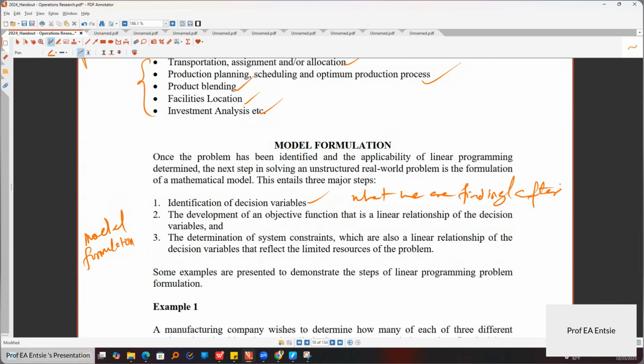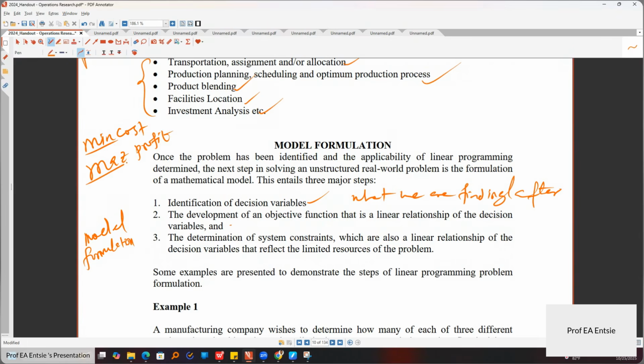So if you want to find the number of quantities of a certain product, then the number of quantities of the product is what you are calling the decision variable. Then we have what we call the objective function. That is the main objective of that particular problem. What do you want to do? Do you want to minimize costs, use min for minimization, or want to maximize what? Profits.